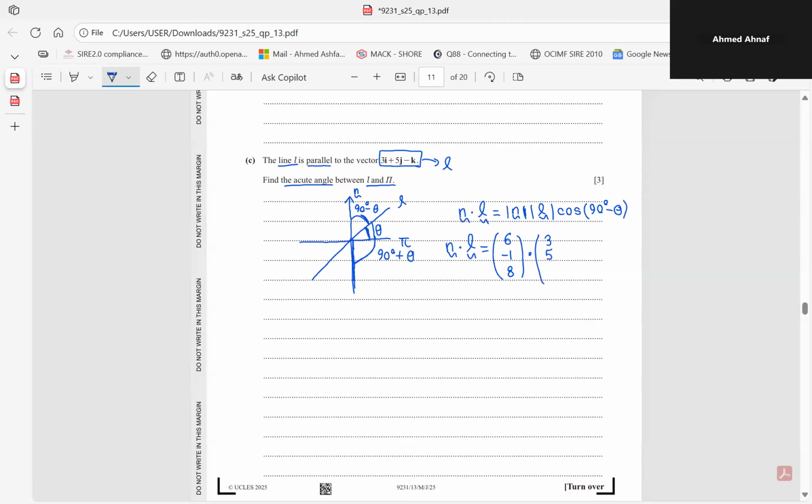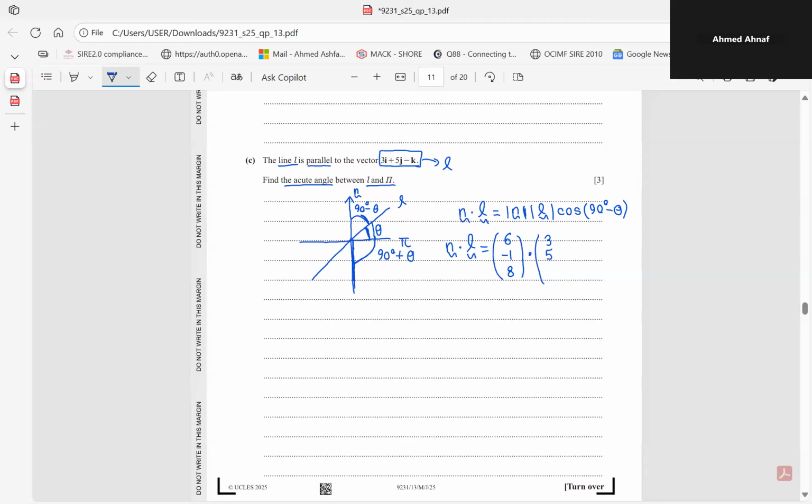Okay, so hence, let's substitute these back into the original equation. So this is cosine 90 minus theta, and this one would be equal to 5 over square root 3535.